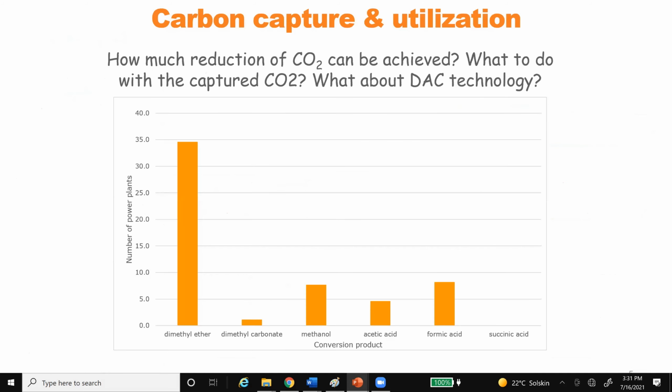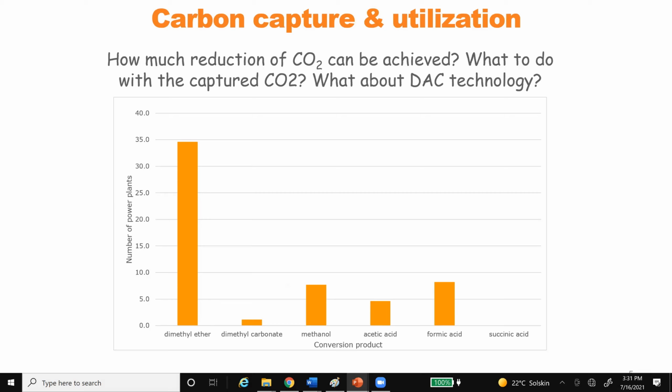Also, we looked at capturing the CO2 and then converting it into some chemicals, and you can see the chemicals: diethyl ether, dimethyl ether, dimethyl carbonate, methanol, acetic acid, formic acid, succinic acid, for which you will find processes. How much of the CO2 captured will make any impression?